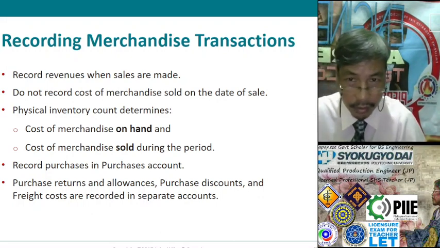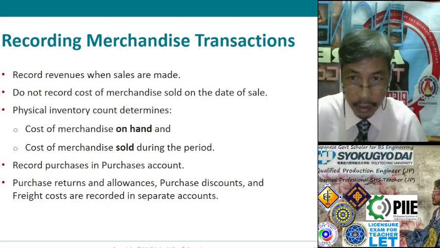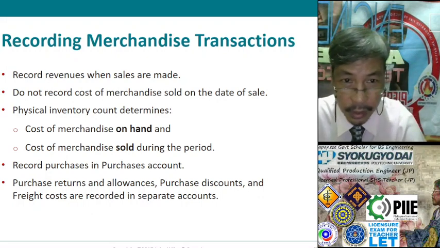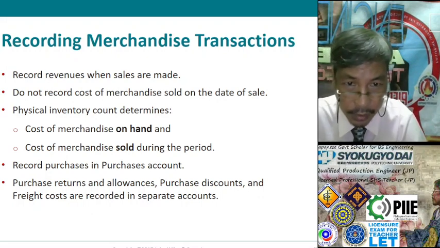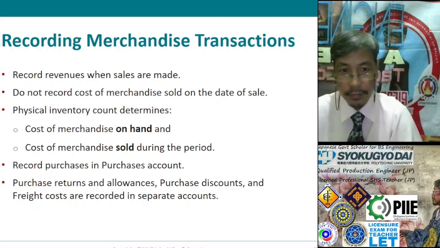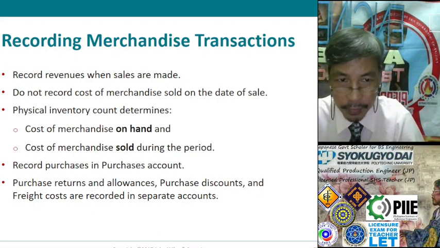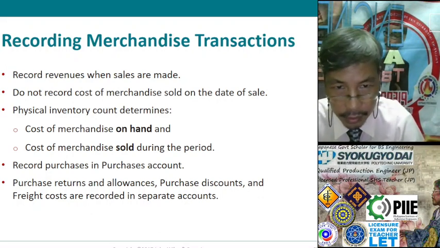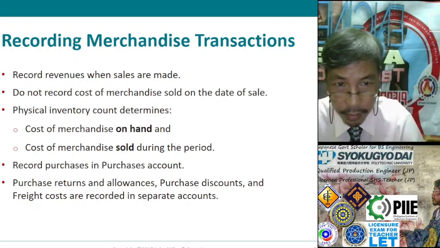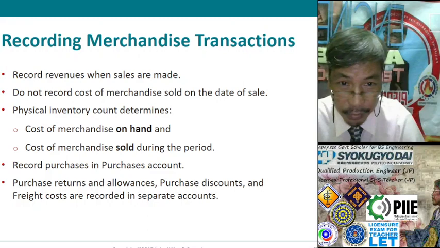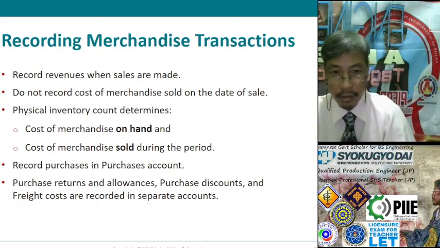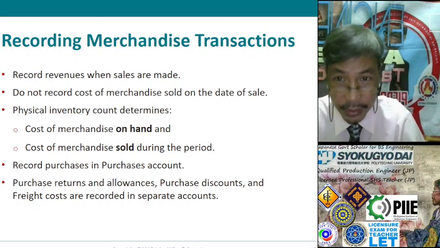Because you counted and you know the initial number, you can find out the cost of merchandise sold during the period. Record purchases in the purchase account. Purchase returns and allowances, purchase discounts, and freight cost are recorded in separate accounts. So we have account names: purchase returns and allowances, purchase discounts, and freight cost. So there are 3 separate accounts.